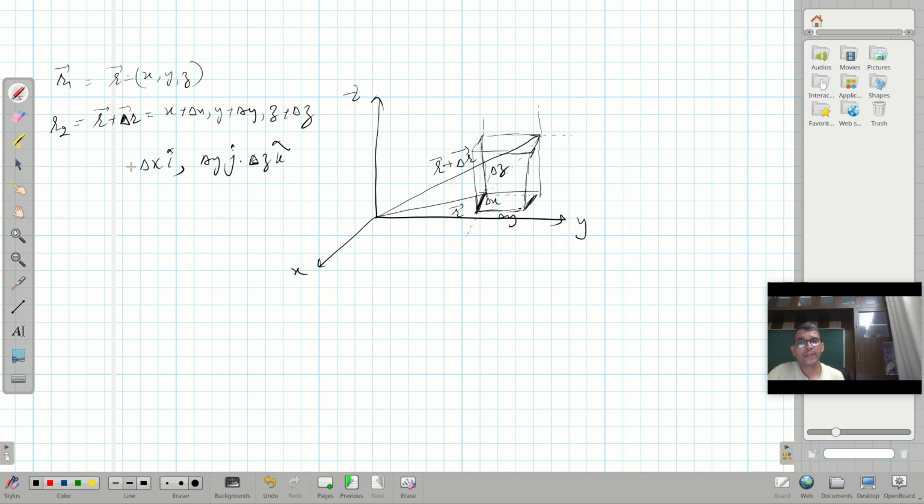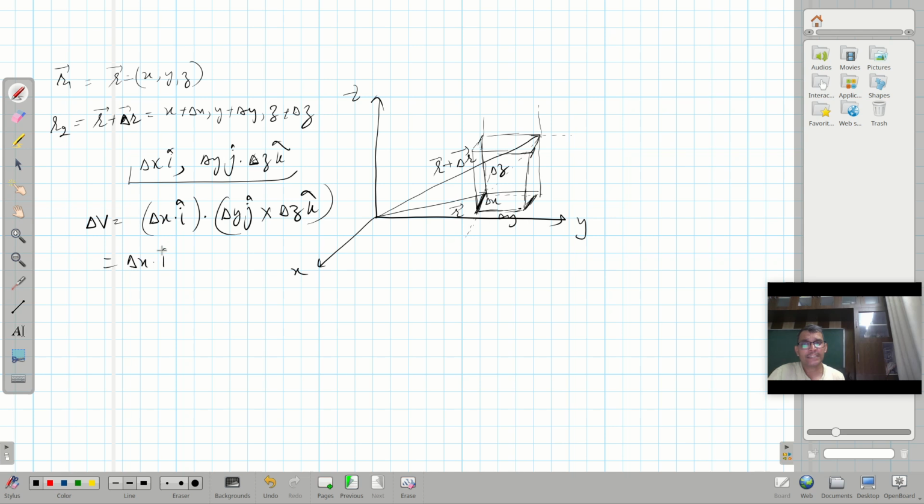So if I try to find the volume element, say delta v is the small volume element, it is delta x i cap dot the cross product of delta y j cap with delta z k cap. So j cross k is always i.